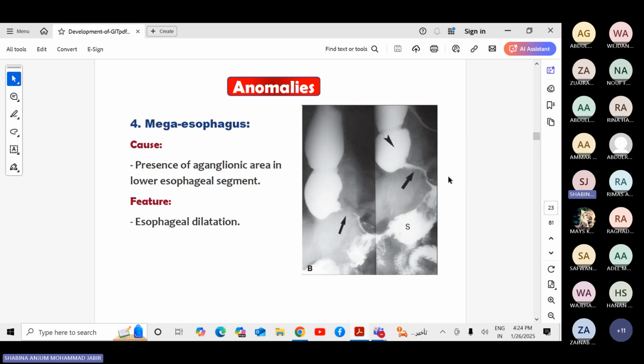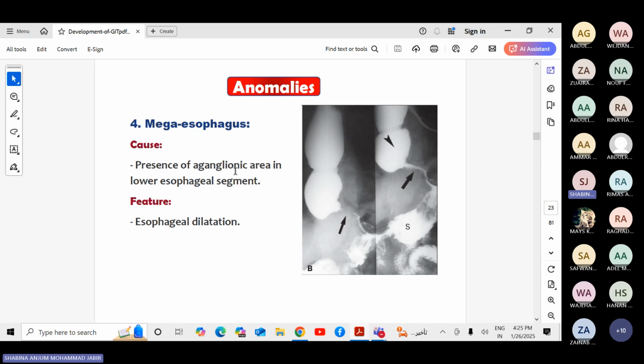There is one more anomaly, which is not related to stenosis and atresia. It is bigger, not narrow. It is called megaesophagus. Mostly the lower part of the esophagus will be dilated. Why will it be dilated?